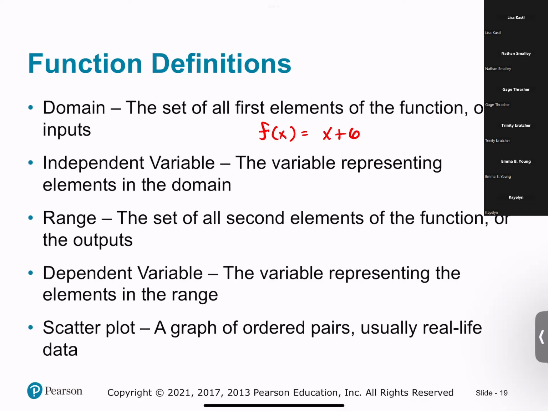Okay, so in this particular example, the domain would be all the values that I can plug in for X. So anything that I can plug in there and add 6 to would be in the domain of that function. X is also called the independent variable. And it's called the independent variable because typically when we're graphing, we pick the X. We pick the input, plug it in, and get the output. So the input is independent.